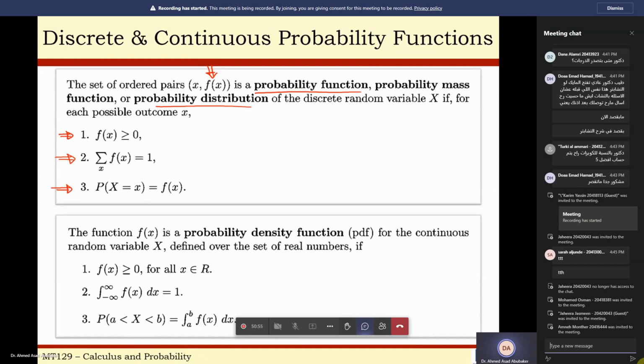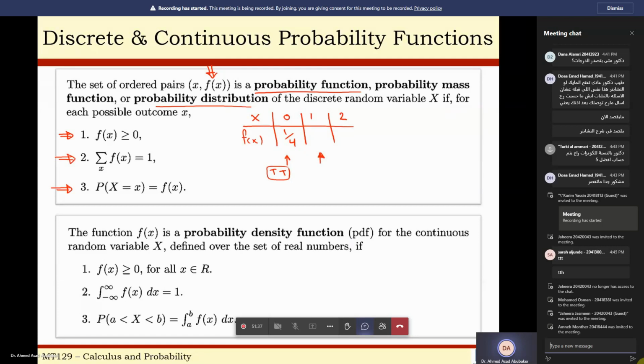Look at this example. If we flip the coin two times, the number of heads is 0, 1, or 2. And f of x equals what? For 0 heads, we have one outcome, T T, so 1/4.